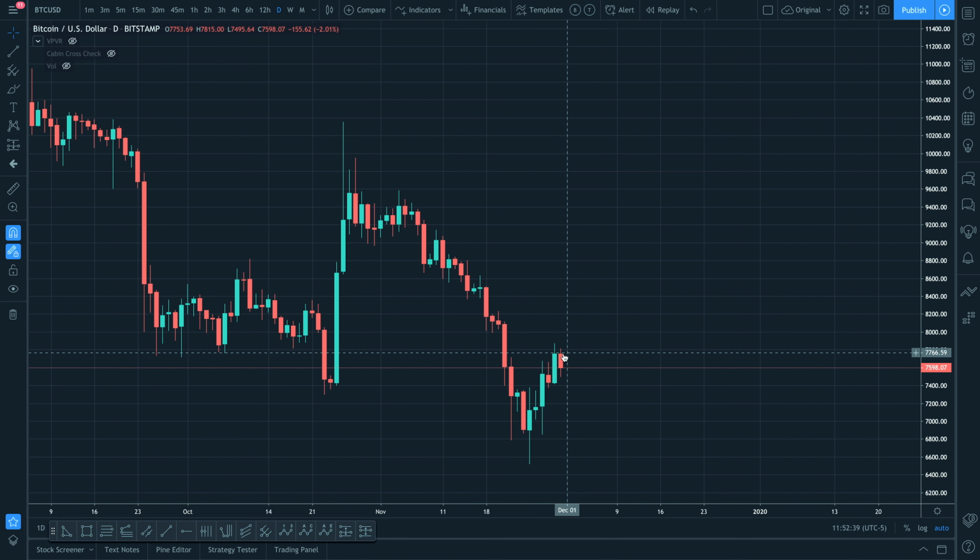What it's saying is that right now, because the day hasn't really closed, it opened at 77.53, and if the day were to finish now, it would close at 75.90.